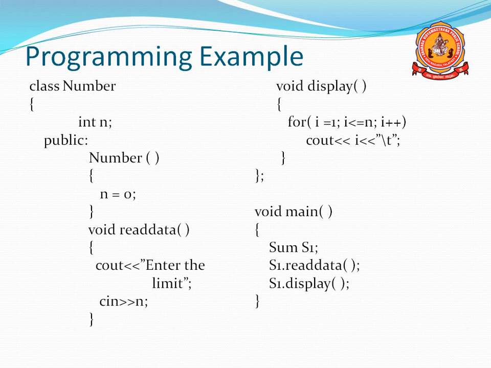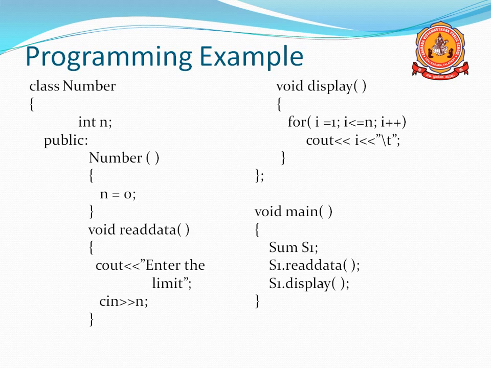In void main it is given as Number s1. When you declare the object s1, it will automatically call the constructor. There is no need to call the constructor separately; s1.Number is not possible. It will be invoked automatically when you declare the object s1. Next I call the functions read data and display.